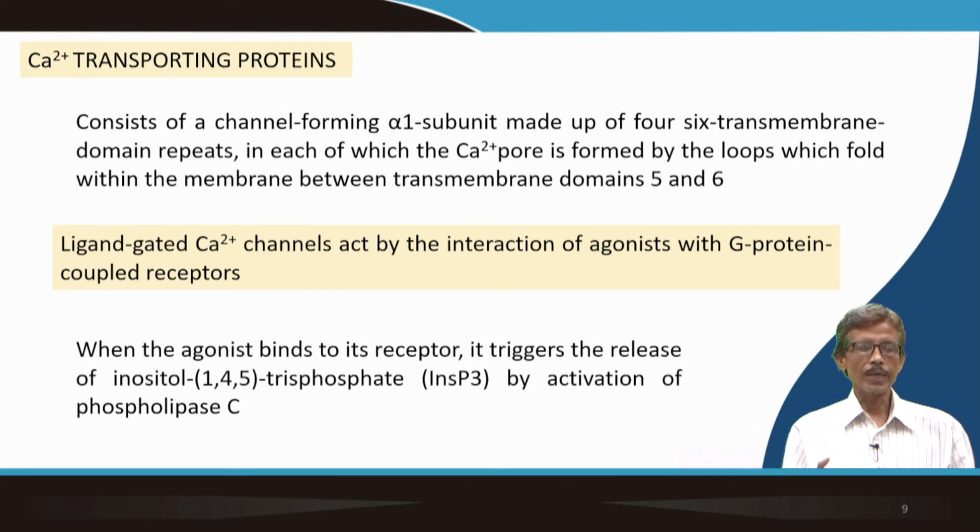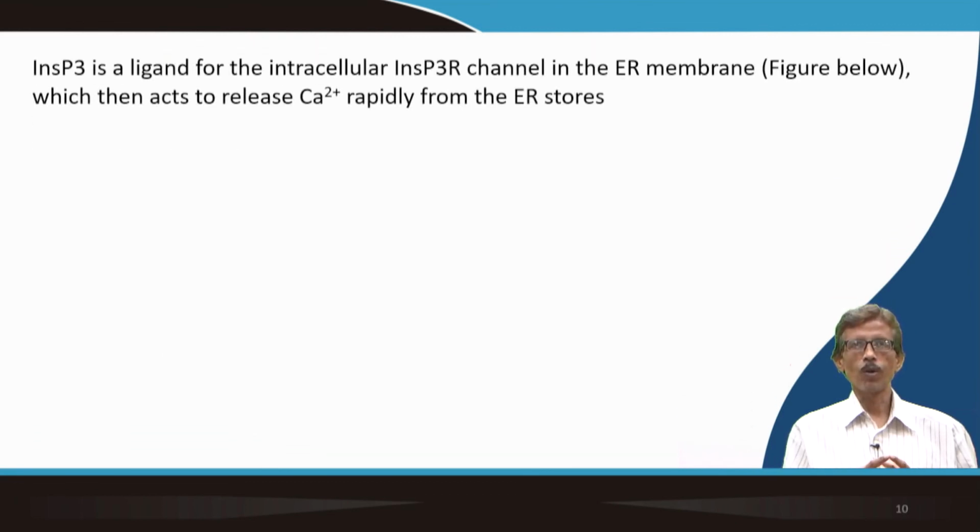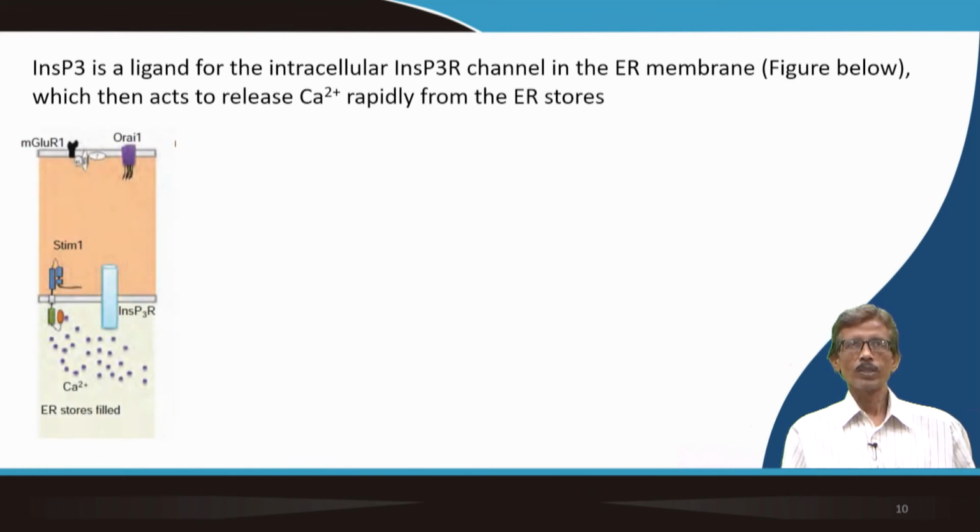While binding, we can release inositol triphosphate, IP3, to go for the activation of phospholipase C. So, another group of important molecules: there are IP3 receptor channels, and they are there in the endoplasmic reticulum membrane, which then act to release calcium 2 plus rapidly from the ER stores.